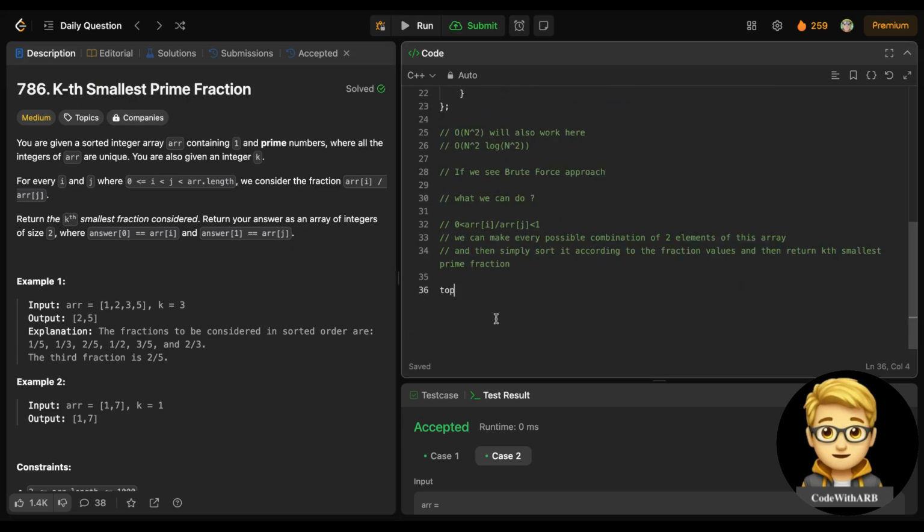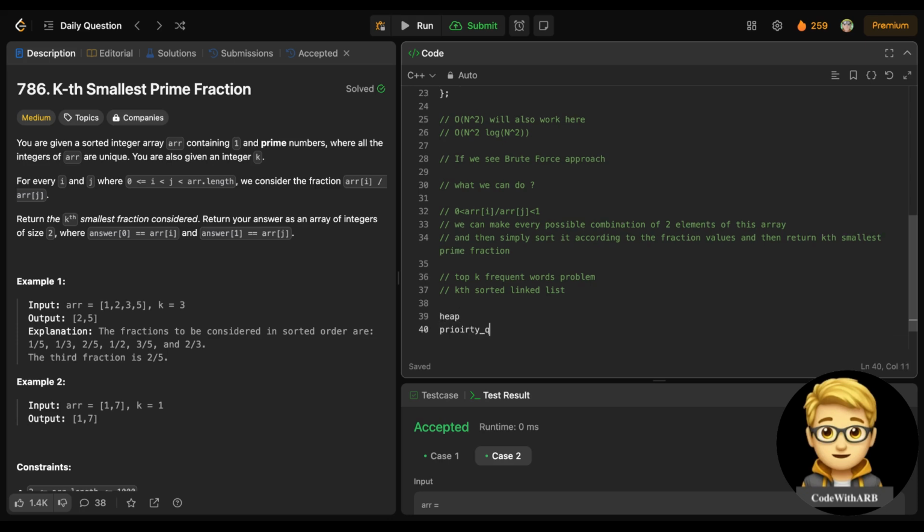If you have solved the top k frequent words problem, or the kth sorted element in a linked list problem, or something like this, that is, problems where you need to return the top k frequent words, or the kth maximum or minimum elements, then you should think of a heap approach, which is a priority queue approach.